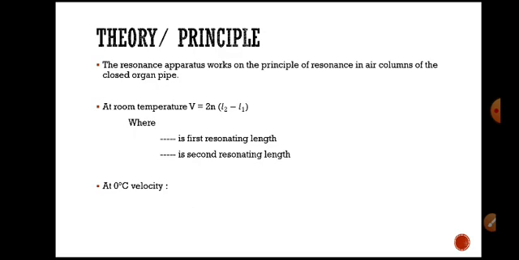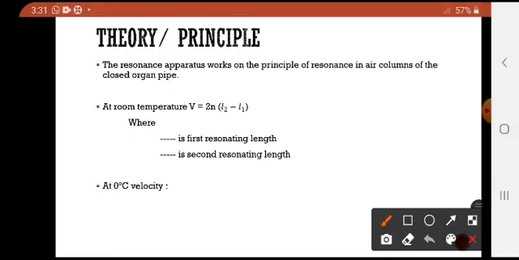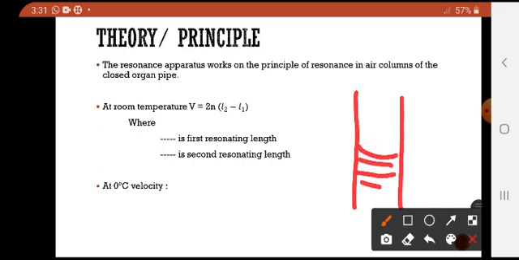Here, the principle or theory: this resonance apparatus works on the principle of resonance in the air column of a closed organ pipe. For example, this is a pipe. Up to this point, water is there.